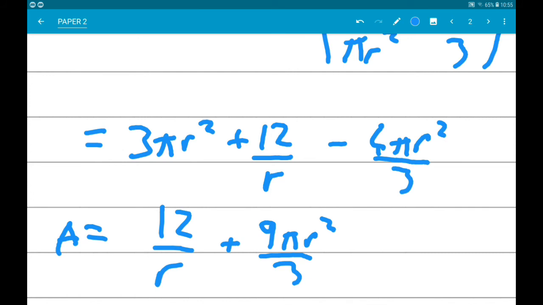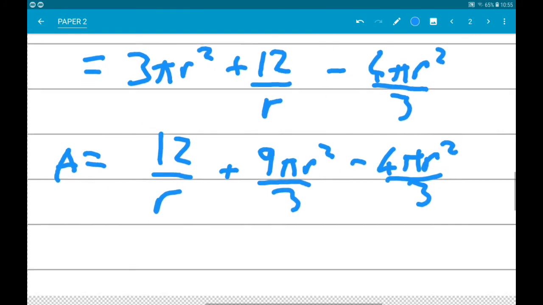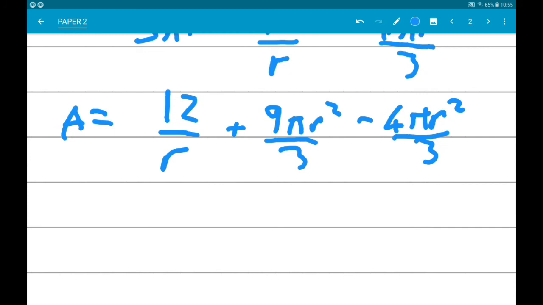And then we have minus 4 pi r squared over 3. So, finally, the surface area is indeed 12 over r plus 5 thirds pi r squared.